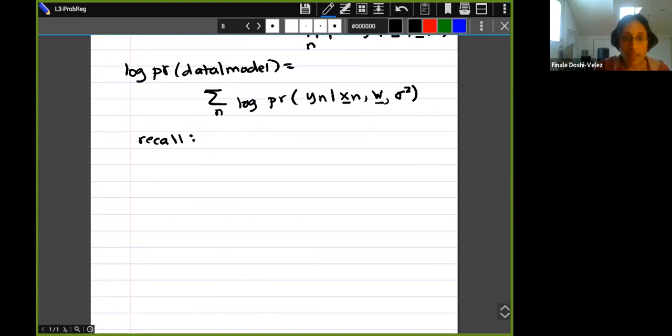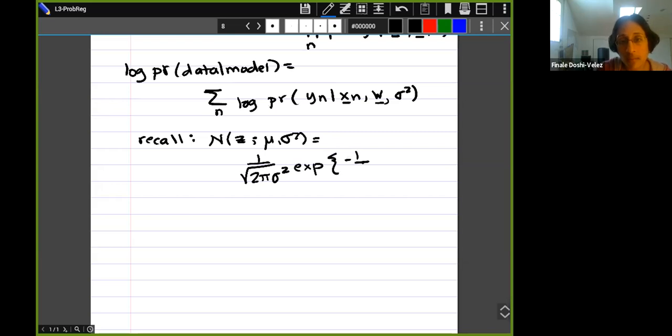If we have a Gaussian variable z with some mean and some variance, one-dimensional, then that variable is going to have a PDF of the form 1 over 2 pi sigma squared times exp of negative 1 over 2 sigma squared (z minus mu) squared, right?